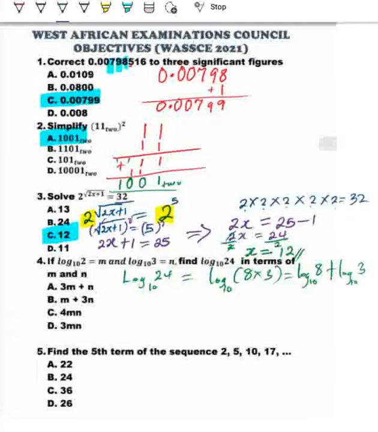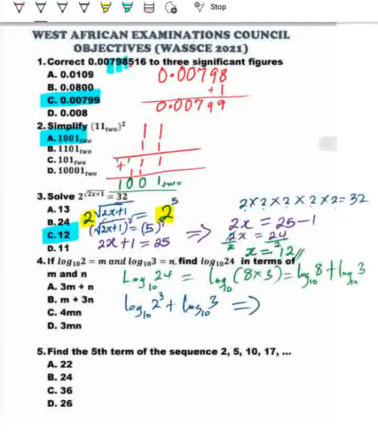Recall that log 8 base 10 can also be written as log 2 raised to the power of 3 base 10, and then we have log 3 to base 10.